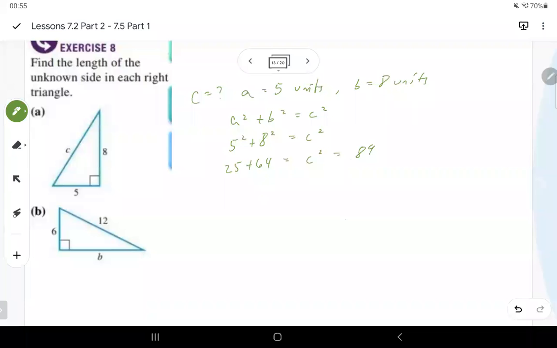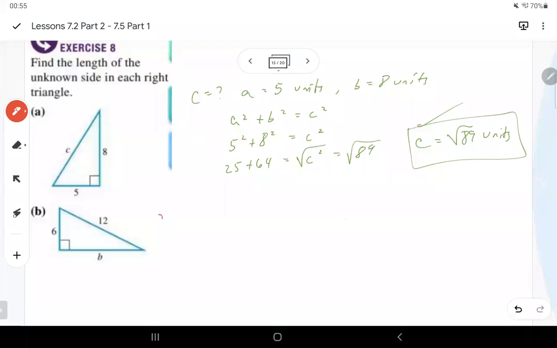Normally I would say, aren't we done here? But we need to find c, not c squared. So we take the square root of both sides. So c is equal to the square root of 89 units. And normally we would say plus or minus, but we are dealing with lengths, so you can only have pluses. We also were not told that we need a decimal equivalent, so we are fine leaving it as the square root of 89.